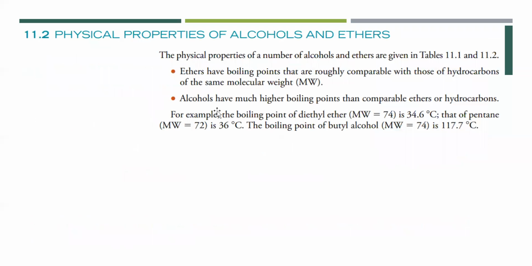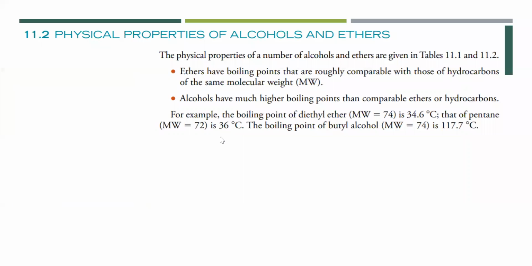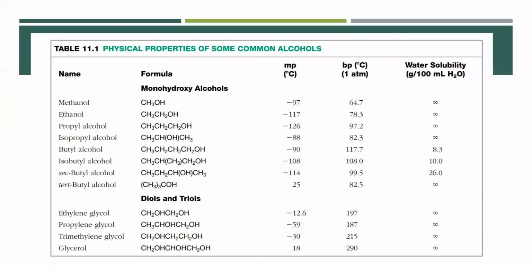Okay, so let's talk about the physical properties of alcohols and ethers. Its physical properties can simply be derived, of course, from its structures. So here we have ethers.